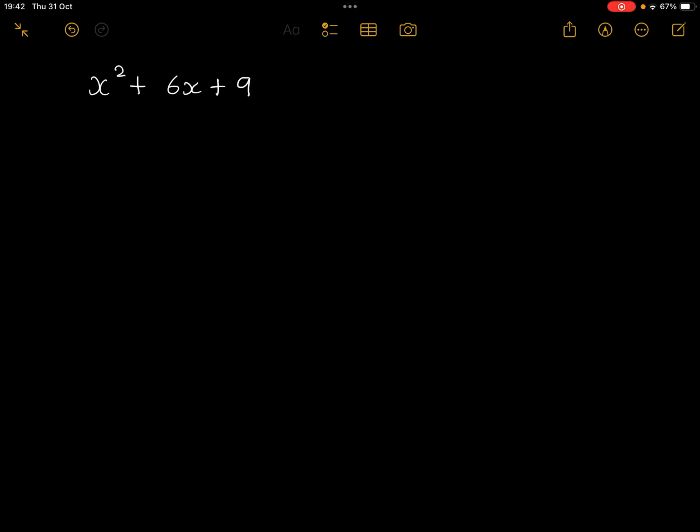Now the principal rule of quadratics, for those that don't have a number before the x squared, is that this number is a product and this is the sum. So what this means is you must have two numbers which multiply to give 9, but these same two numbers must add together to give 6.